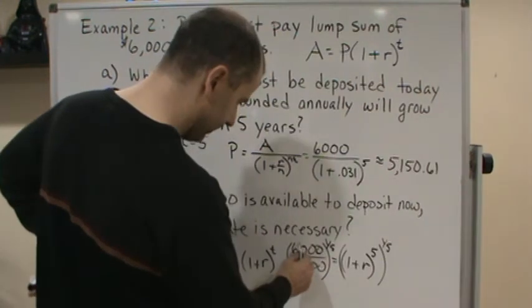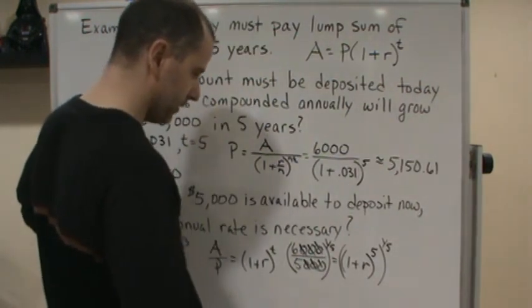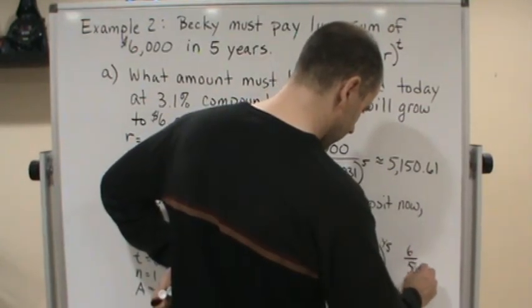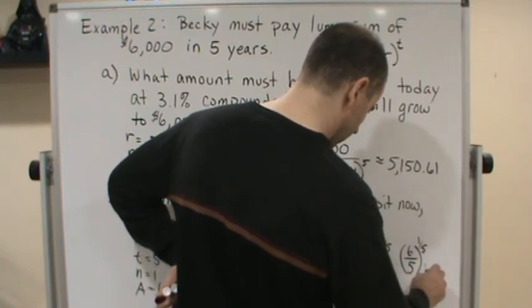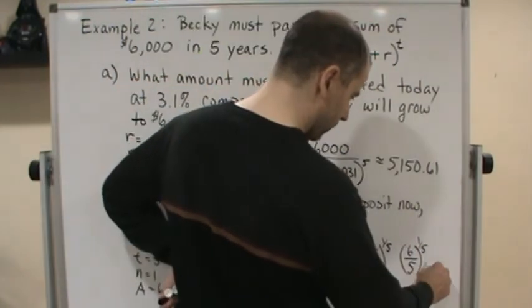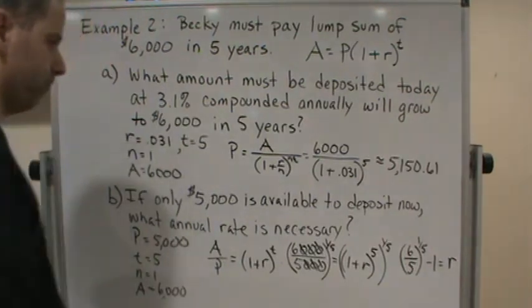By the way, we're going to simplify this too. This simplifies to 6/5. So this will give us 6/5 raised to the 1/5 power, and it's going to equal 1 plus r. If we subtract 1 from both sides, that's going to equal r.